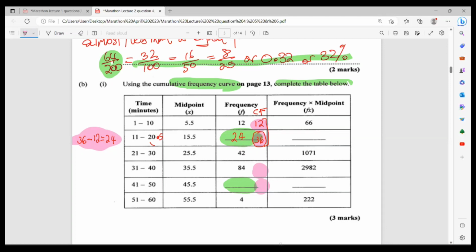Now let's go again. We're going to have to find the cumulative frequency at 40.5 and 50.5 to get these spots. And when we subtract them, we get this. So we're going for 40.5 and 50.5.